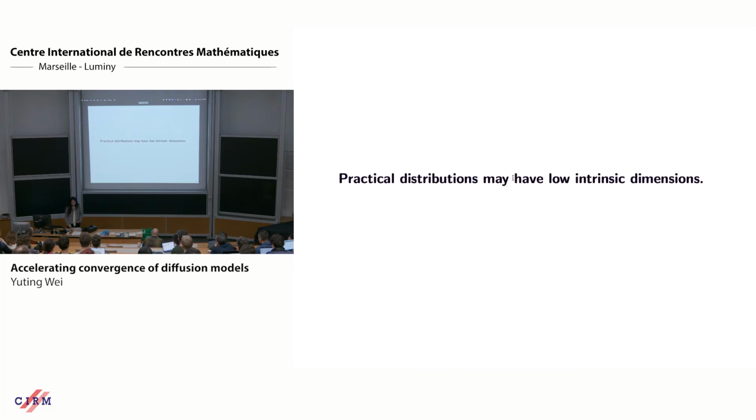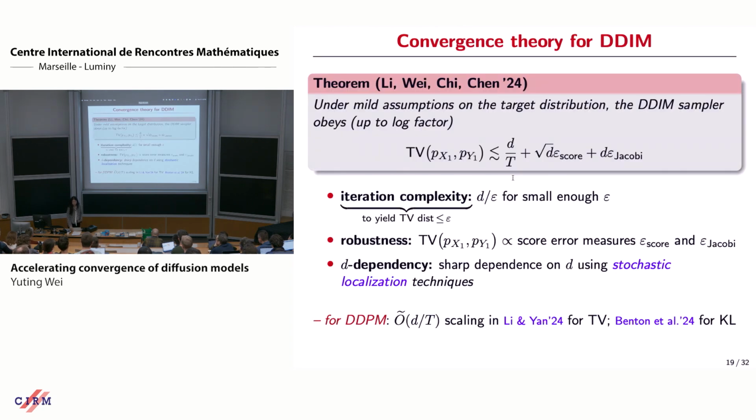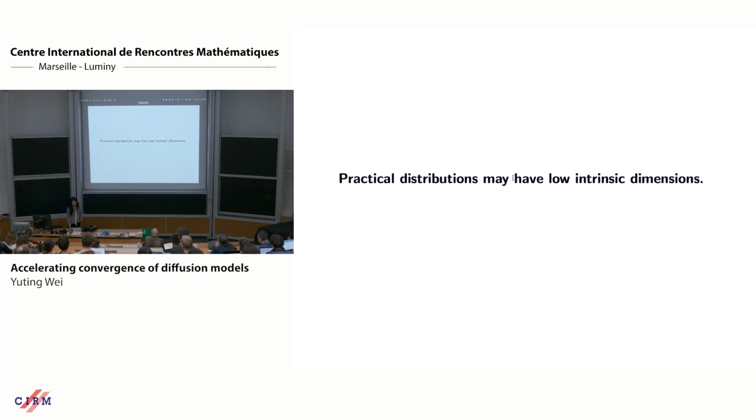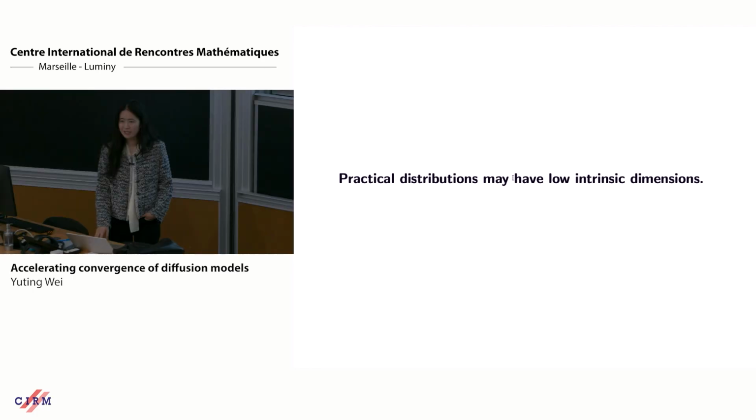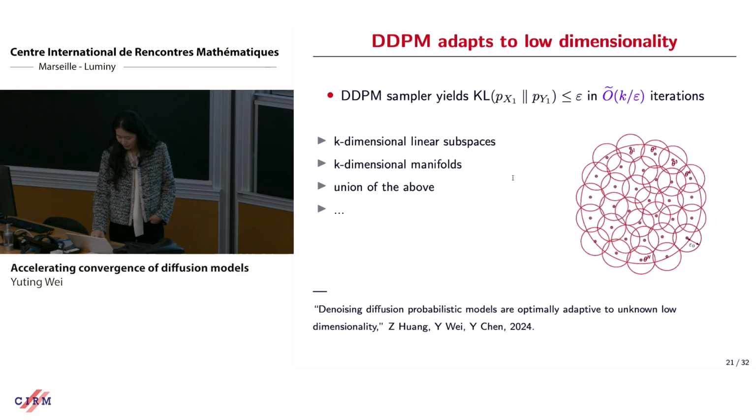All right. So you may say that, okay, so this is a general result for sampling a d-dimensional distribution, but in practice, maybe practical distributions have low intrinsic dimensions, right? That's what people observe in image data and text data. So I'm going to quickly mention this before going to details about our acceleration step. So maybe some of you have heard me talking about the adaptivity of DDPM.